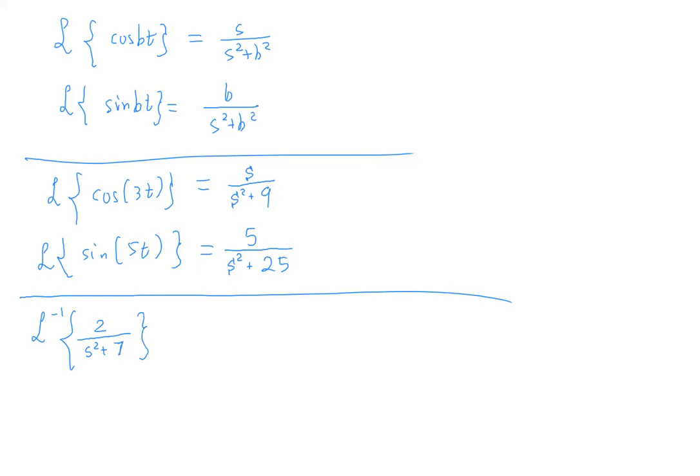And what would give you 3s over s squared plus 1? Can you please give me these two? What function would have had, so the inverse question, we're playing Jeopardy here. The answer is 2 over s squared plus 7. What is the question, right? What is it going to be?